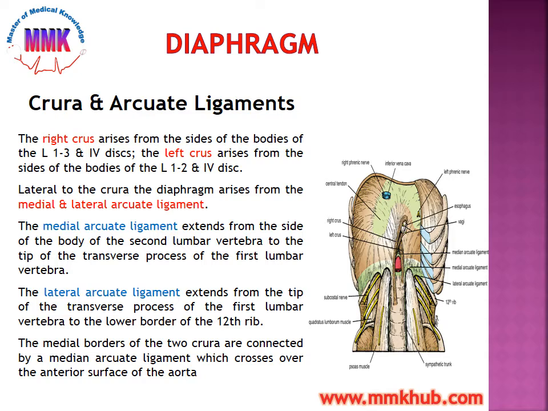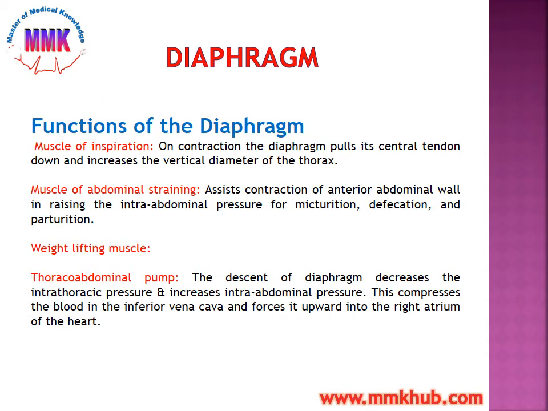The medial borders of the two crura are connected by the median arcuate ligament, which crosses over the anterior surface of the aorta. It should be differentiated from the medial arcuate ligament, which is towards the lateral side of the median arcuate ligament on both sides, and lateral to the medial arcuate ligament is the lateral arcuate ligament on both sides.